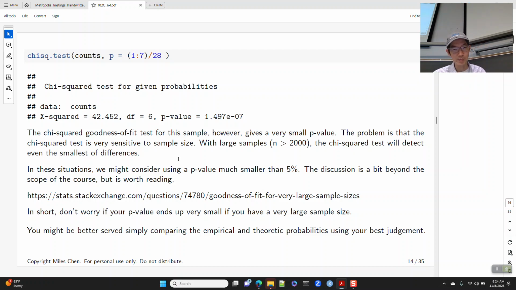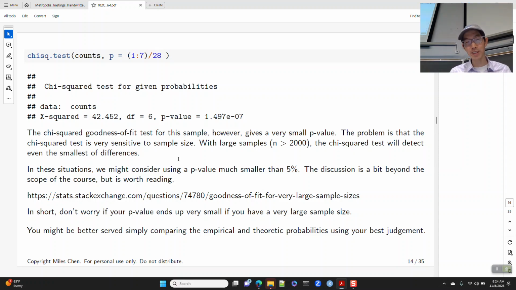With something like 10,000 values, the statistic just ends up growing very big, and therefore your p-value ends up getting small. So the chi-squared test is generally not recommended any time you have a sample over, say, 2,000.